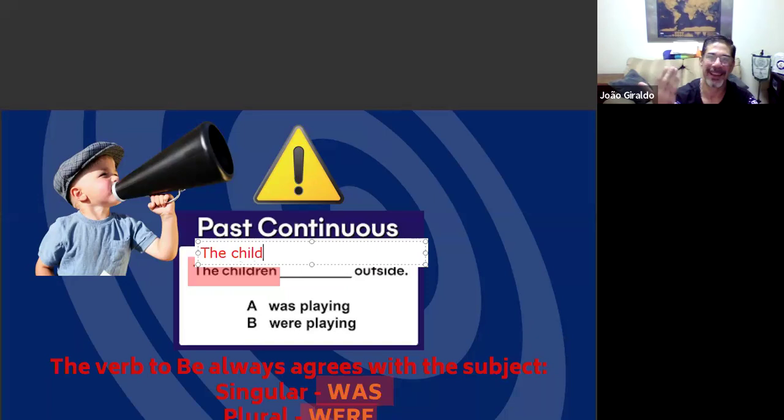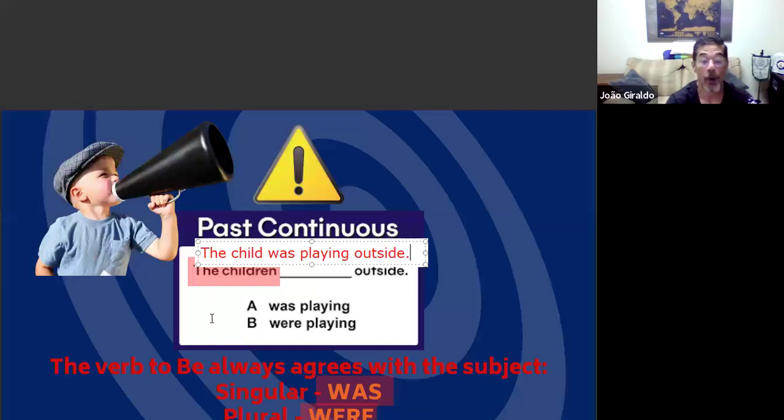So if your sentence is the child, okay, you can complete the child was playing outside. Outside in the outer part of the house.